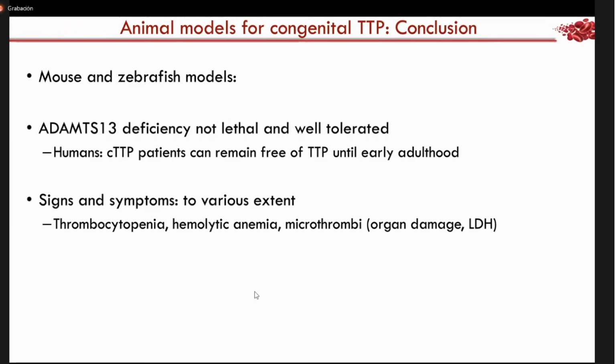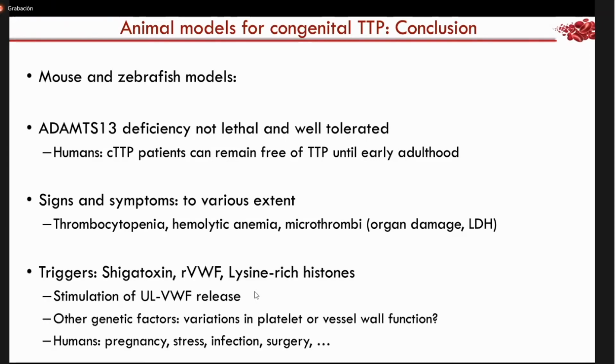There is hemolytic anemia. There are microthrombi, but they are sometimes difficult to find, since we have the mouse model also in our lab. But there's always organ damage, which you can see in an increase in LDH. The triggers needed to induce TTP in these animal models were shigatoxin, recombinant VWF, or the lysine-rich histones. And these triggers probably stimulate ultra-large VWF release.